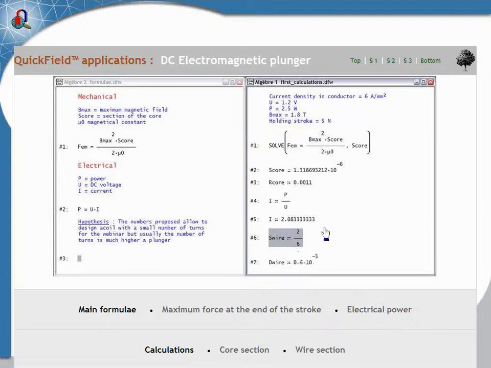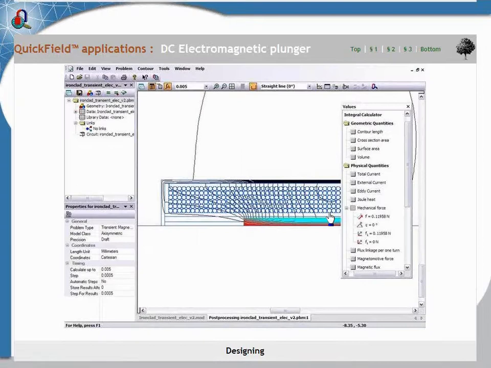So it's 2 ampere divided by the normal density of the current in the winding, which is 6, and it gives us the diameter of the wire. And the diameter or the radius of the plunger is given to us by this formula here. So I'm going to show you a design made with this information.